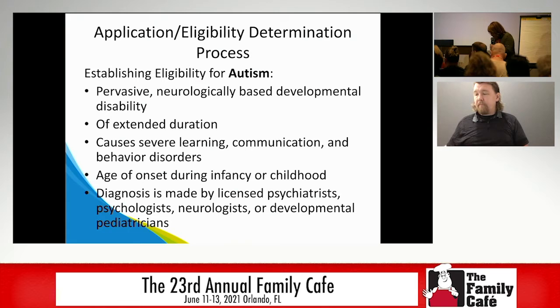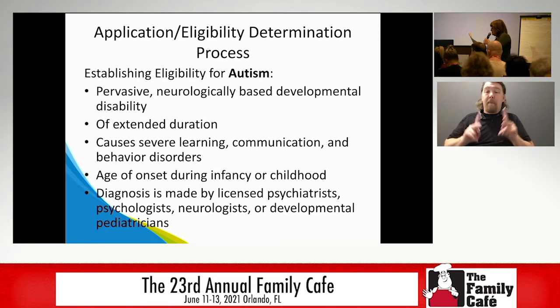All right. Autism means a pervasive, neurologically based developmental disability of extended duration, which causes severe learning, communication, or behavior disorders with age of onset during infancy or childhood.